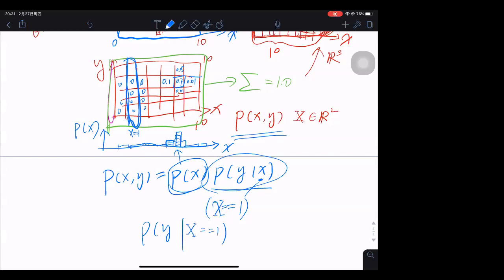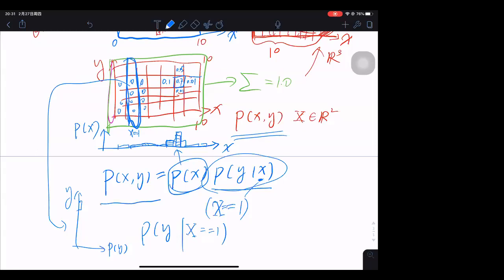Then you see this distribution. This distribution is another histogram, right? Maybe you get some position here, and all the rest will be 0. Other places will be 0. So you have the p(y), the direction of y. So that's also a distribution. Okay, this is clear, right?